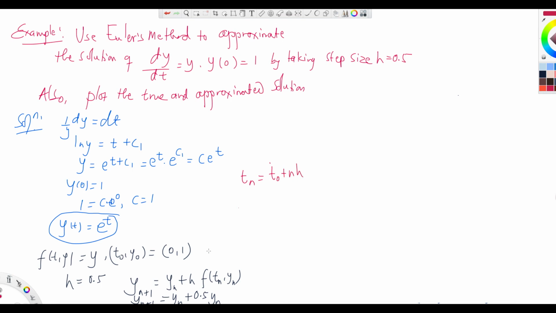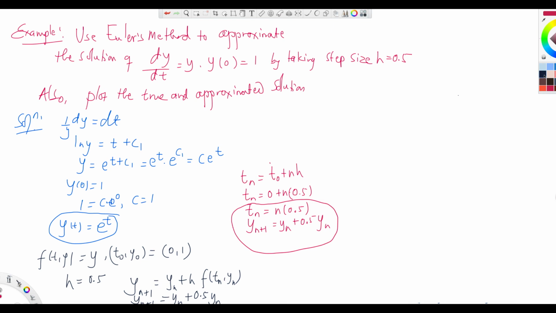And also let me write down the yn plus 1 formula here: yn plus 1 equals yn plus 0.5 times yn. So we will use these two formulas to find the points, and then we'll write them in a table.